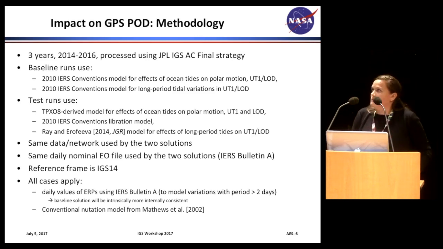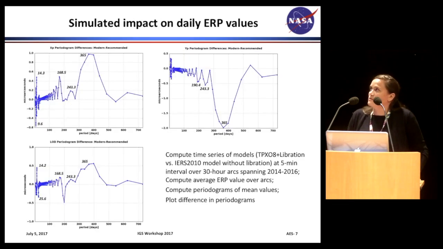So we started with looking at the simulated impact on the daily ERP values. The ocean tide model is basically a sub-daily model, but what we really do operationally is that we estimate daily biases and rates for the Earth rotation parameters.